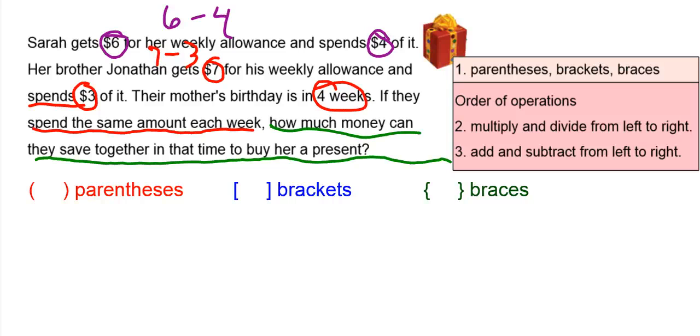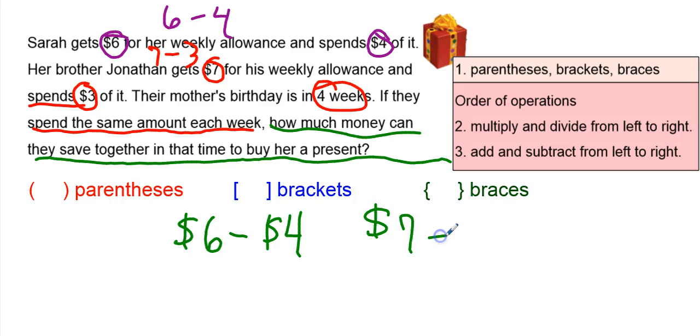So when I'm thinking about putting the information from the word problem into a numerical expression, I'm going to go ahead and just start with Sarah. So I know that Sarah has $6 and she spends $4. So I'm going to have that. And I am going to go ahead and look at her brother Jonathan, who has $7 and he spends $3.